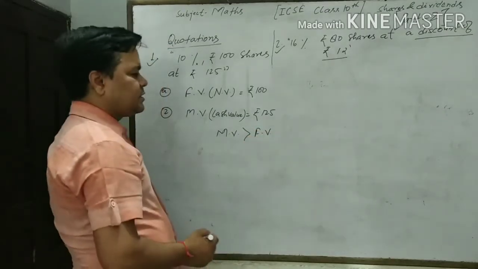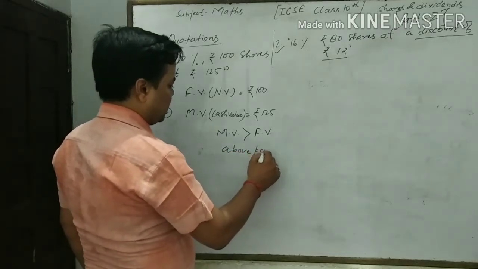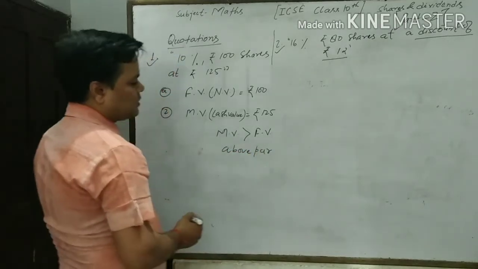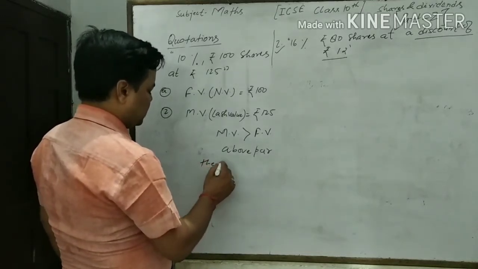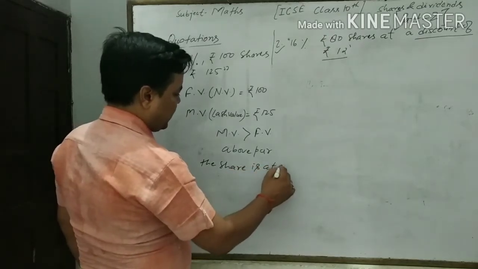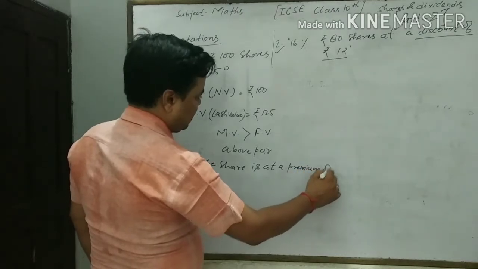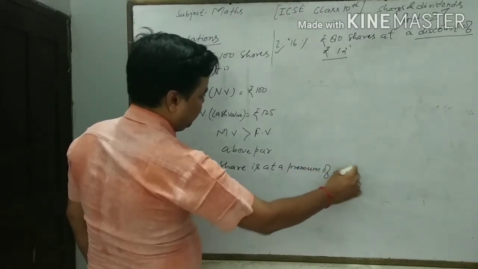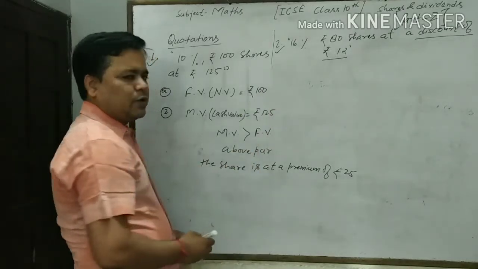It means the share is above par, or we can say the share is at a premium of rupees 25. Okay, 125 minus 100, that is 25.